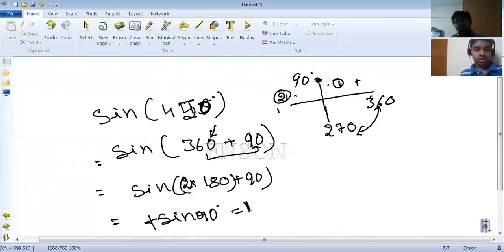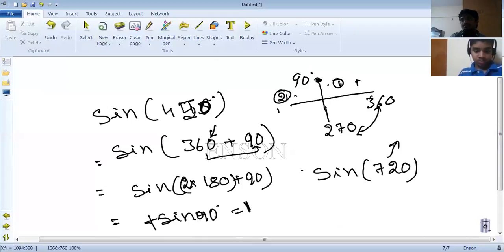So sine 450 degrees you found by using the same two slides concept. That much importance is there. Likewise, you can find for sine 720 also. Whatever the value it may be, you can find by using this concept easily.